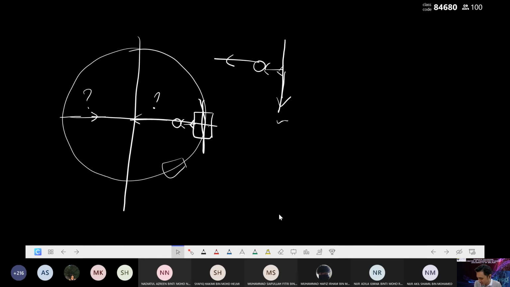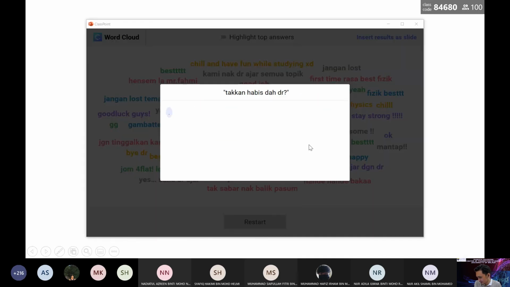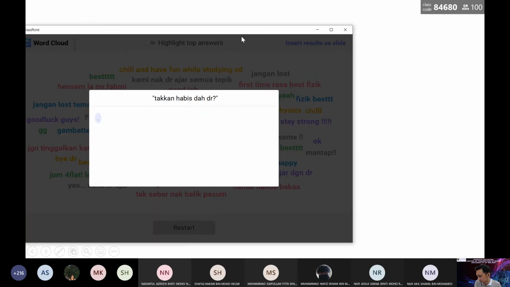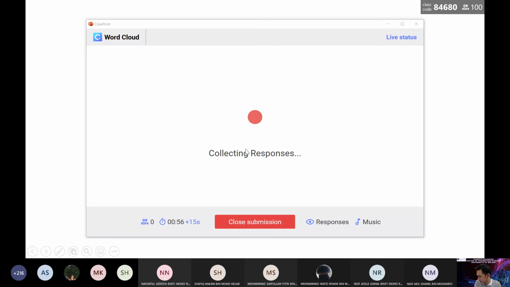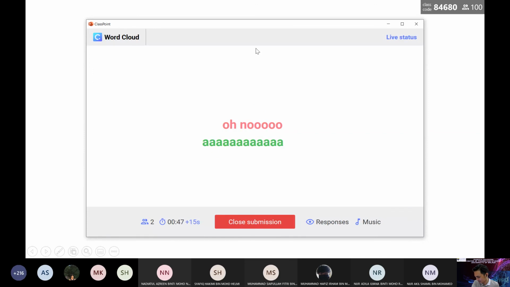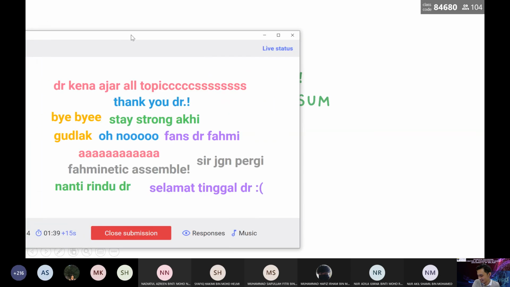Okay, so saya rasa itu je. Before that, tulislah kata-kata sekejap, saya akan clear this thing. Kata-kata semangat untuk your kawan. Teruskan. InsyaAllah kita akan jumpa di Pasum dan jumpa saya di Pasum nanti. Tegur-tegur lah. Saya tak kenal pun kan. Say strong Aki. Okay, saya akan say strong. Alright.